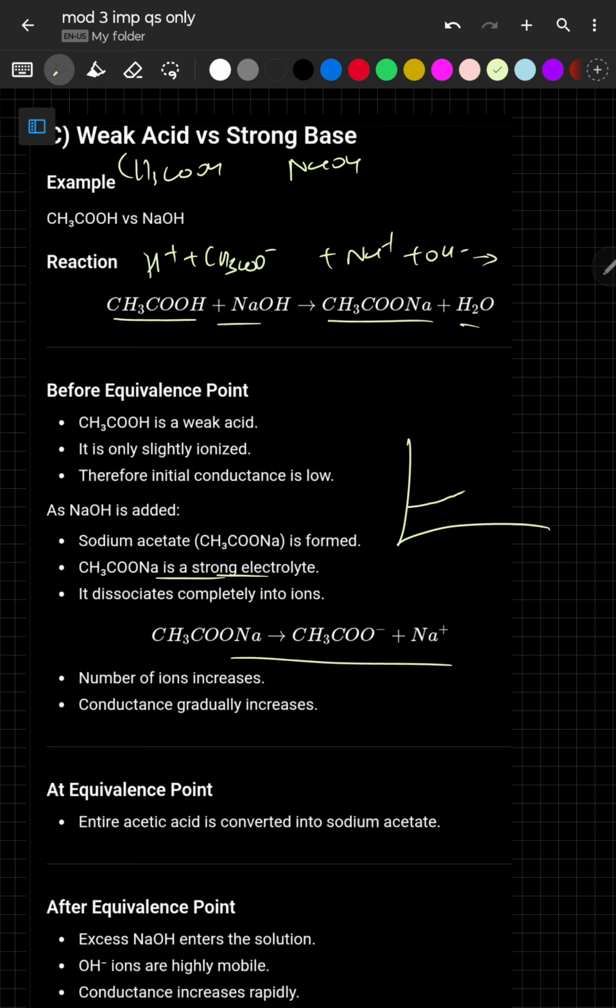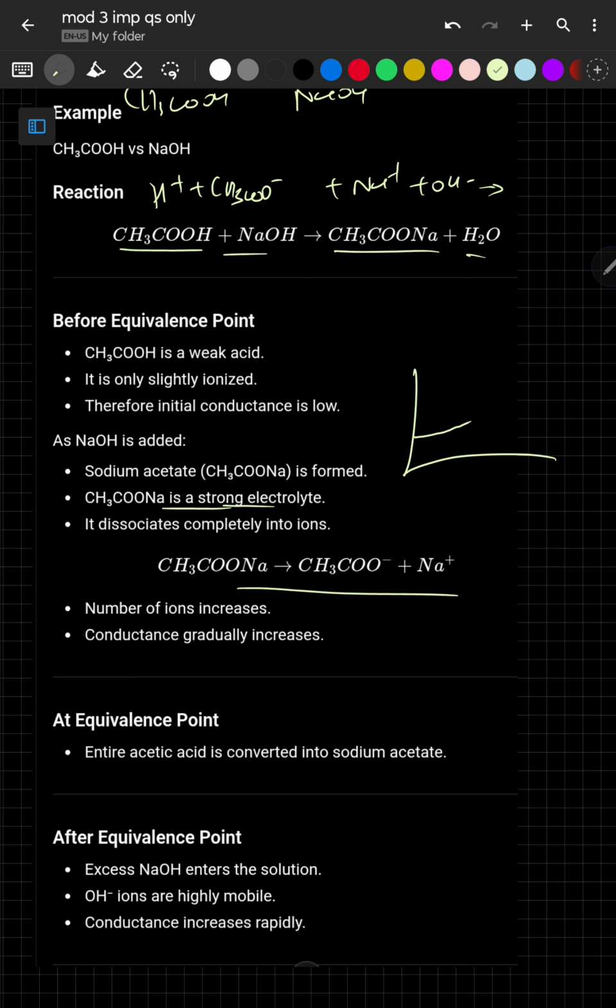The number of ions increases, so conductance gradually increases. At equivalence point, acetic acid is converted into sodium acetate completely.